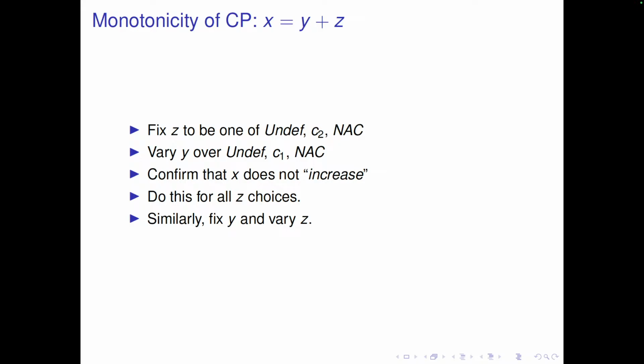So all of you can create this table, a 3 by 3 matrix. It will become 4 by 4 because we are putting x, y, z values also. So y is undef, C1, NAC, z is undef, C2, NAC. Okay.